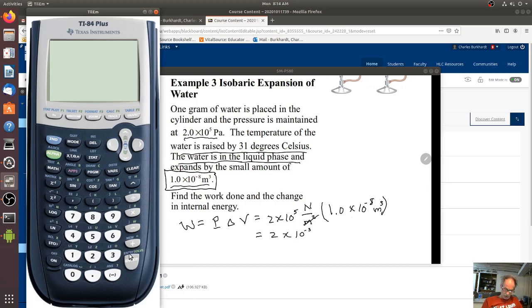This meter squared cancels with these meters times meters times meters and gives me a Newton meter. Yay, the magic of our system of units. It's logically consistent. 10 to the minus 3 is a milli, and a Newton times a meter is a joule. 2 millijoules. That's not going to get you anywhere.